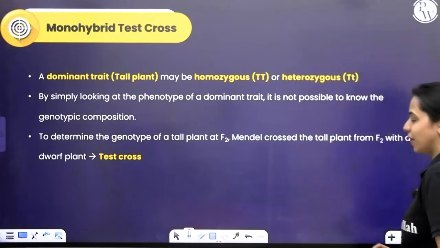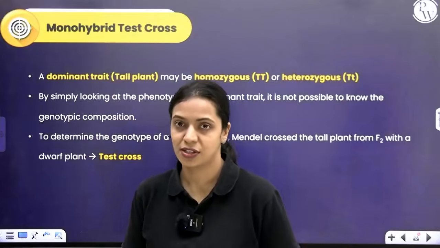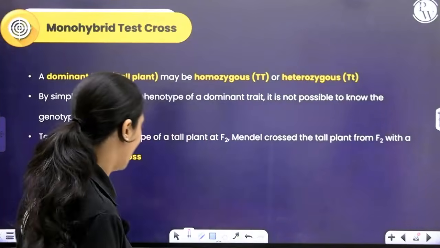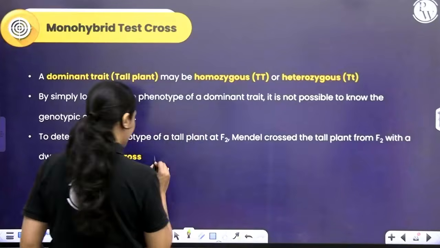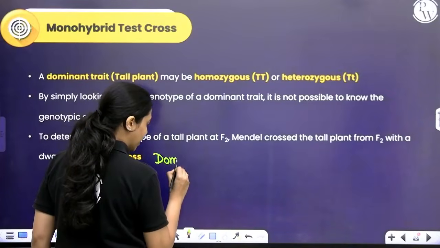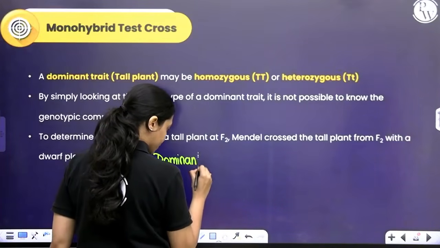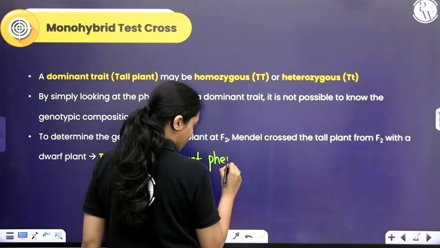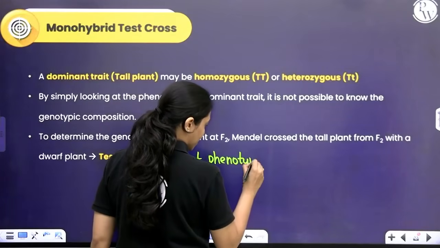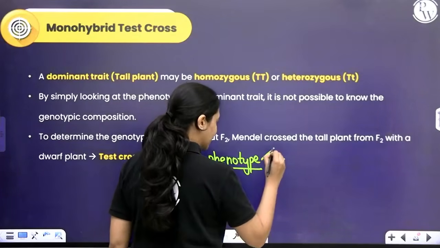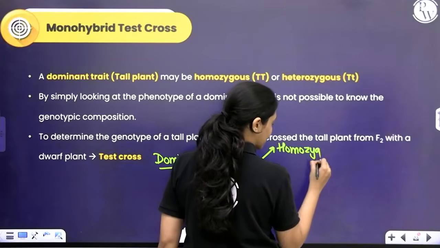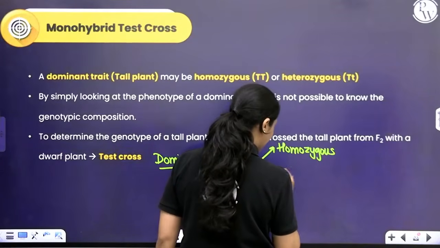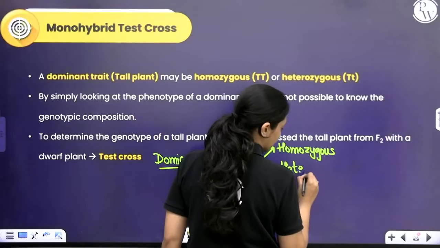Now let's understand Mendel's monohybrid test cross. See, I told you how a dominant phenotype can either be homozygous or it can be heterozygous.